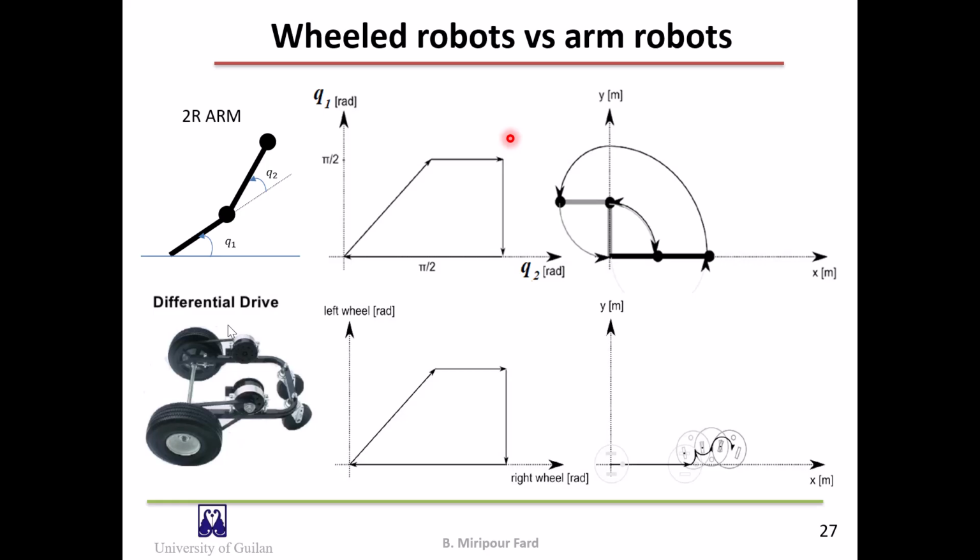But there is another story about the wheeled robot. The left and the right wheel rotation angles form the configuration space of the robot. Here the robot first moves on a straight line, both wheels turn an equal amount.